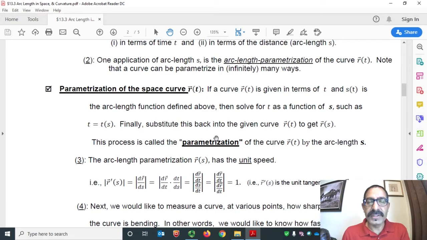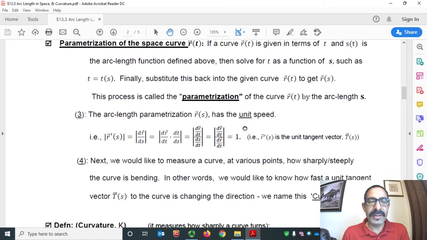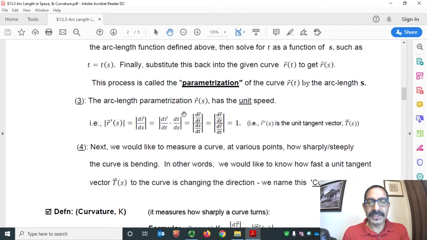Finally, substitute this back into the given curve r(t) to get r(s). This process is called the parameterization of the curve by the arc length. Remark 3. The arc length parameterization has unit speed. So always the magnitude of r'(s) turns out to be 1.